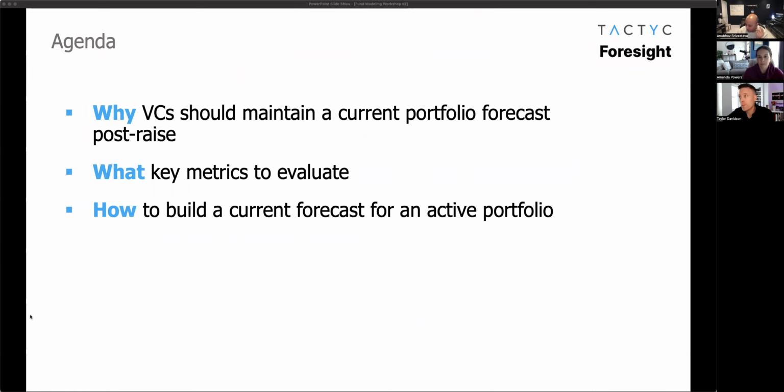Yeah, and the one thing I will say is fund modeling is usually just a proxy for portfolio construction. This is not it. We assume you know what portfolio construction is. You may have built one already. You may have used Taylor's model, Tactyc, or however you might have done it. But we assume that is a known entity here. And today it's going to be, okay, what do we do beyond that? Because that's a frequent point of confusion.